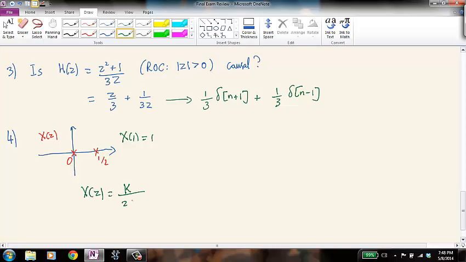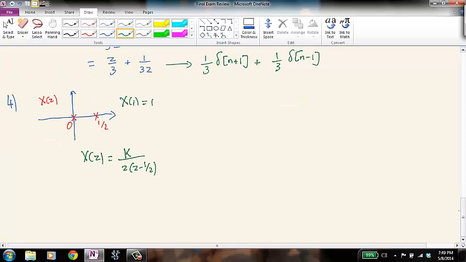In general, it's going to be some constant k over z times z minus half. And I told you that x of 1 is equal to 1. So you can solve for k. So k is apparently minus 2.